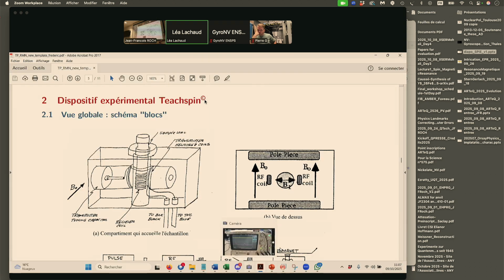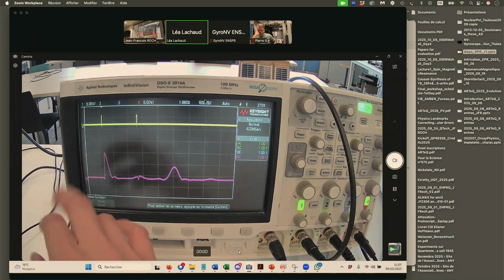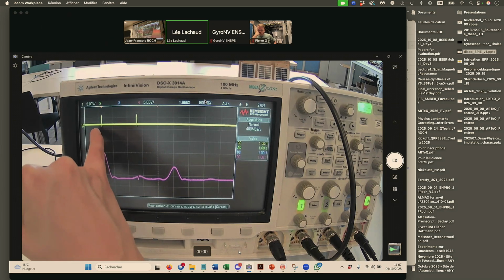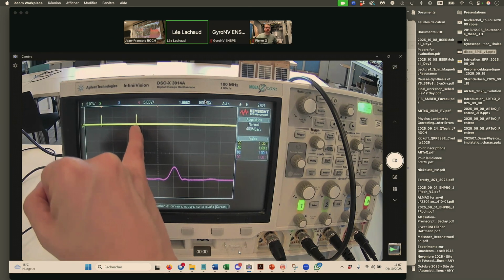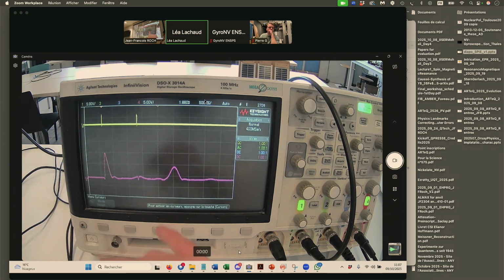I can show you with the camera again. So here I'm in a situation, remind you that we have a pi-half pulse here and a second pi-half pulse here. So I must change this one to a pi pulse. If I switch it off, changing the second pulse to a pi pulse means going to a point where the signal is minimum.